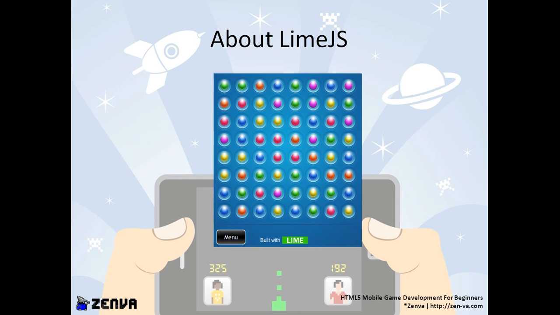Well, we'll be making these games in a JavaScript framework called Lime.js, which is really cool. It makes life a lot easier. If you've had a try without any framework, and then you get into Lime.js, you'll realize that it does accelerate the game development process.